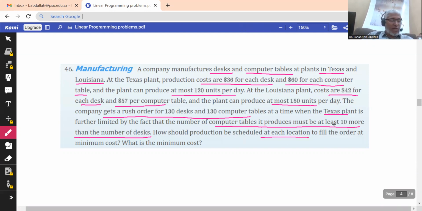How many locations are there? There are 2 locations, Texas and Louisiana, but in each location, 2 things to manufacture. So production contains 4 different things. I'll call X, for example, the number of desks at Texas, and Y the number of computer tables at Texas.